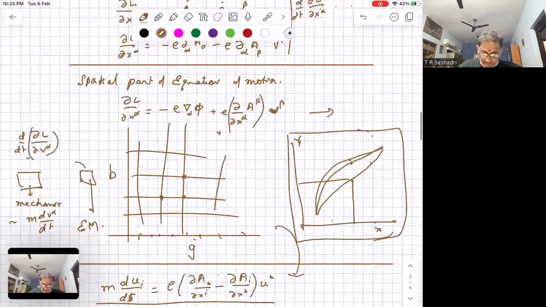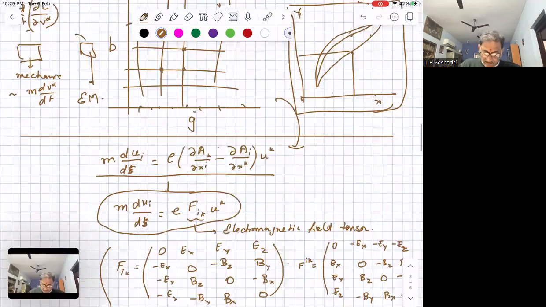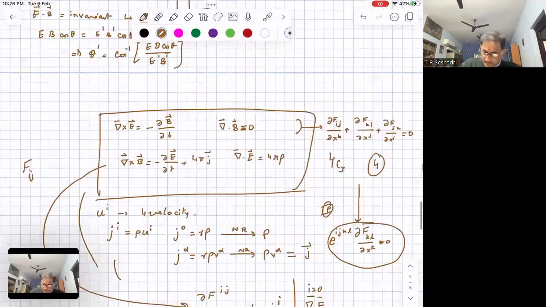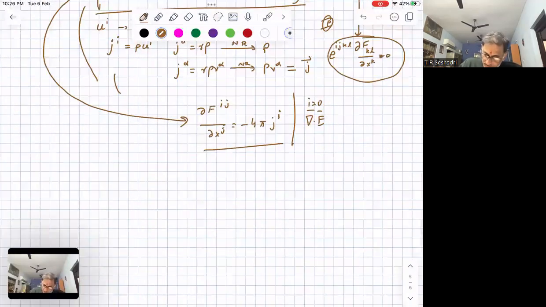I think with a minus sign. It's 01, 02, 03. So the zero component will just be minus divergence E, and the right side will be minus 4 pi J0, which is gamma rho.